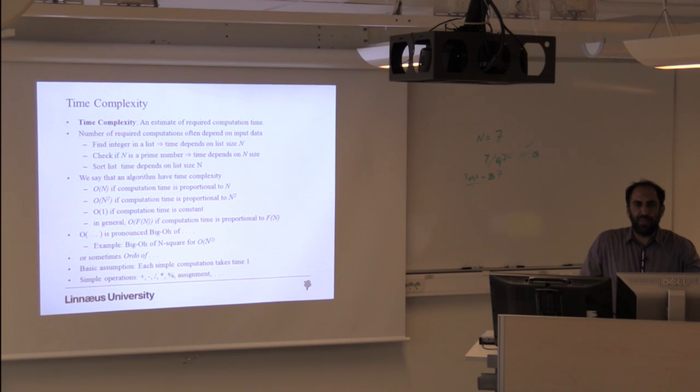The time complexity is basically an estimate of the time required to solve a problem. If you have 5 algorithms and you want to find out their time complexity, you need to measure or estimate how much time each algorithm takes to solve that problem. Usually it depends on the size. For example, finding an integer in a list, the time depends on the list size.